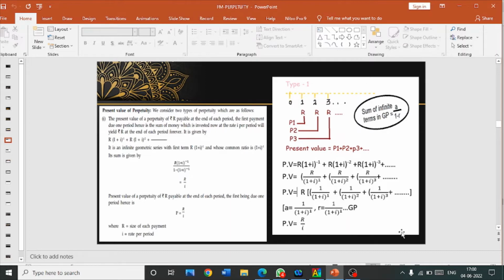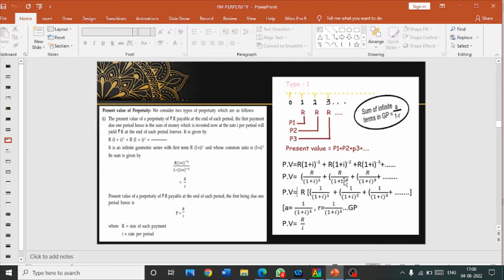The (1 + i) goes to the numerator and becomes (1 + i)^-1. That is why here we have written R into (1 + i)^-1. This is the present value of the payment made at the first month. Simply you can write R by (1 + i)^n.